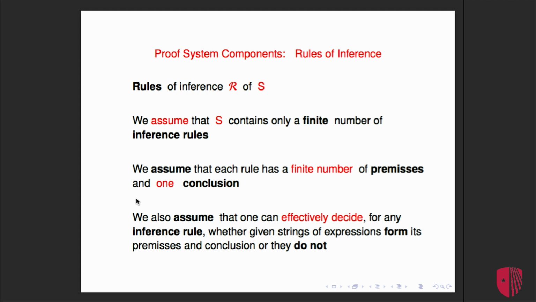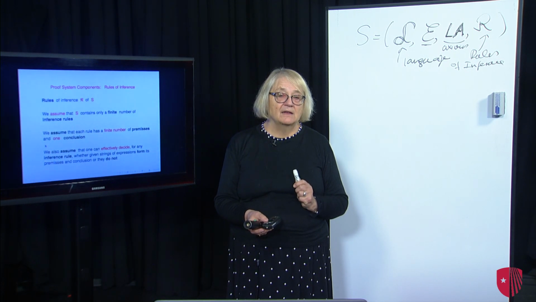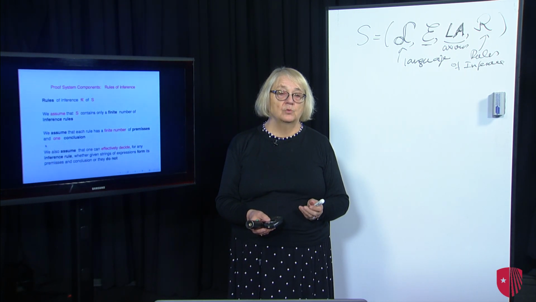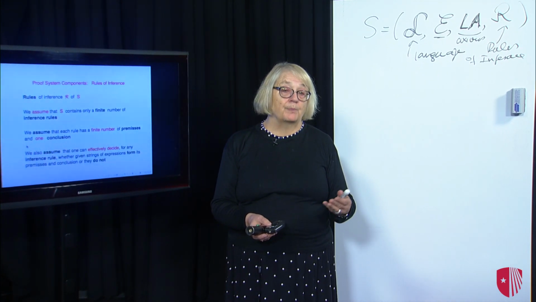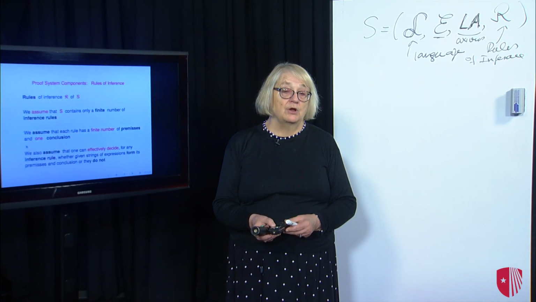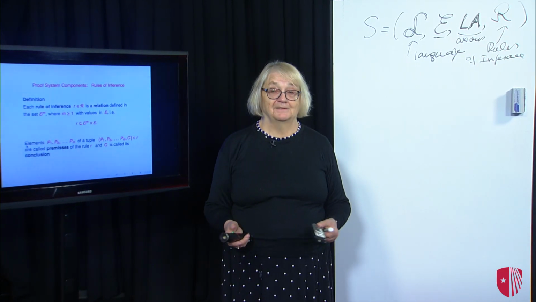We assume that we have a finite number of rules of inference. And also we assume that we can effectively decide for any inference rule whether a given string of expressions forms premises and conclusion or not. And what is a rule of inference?